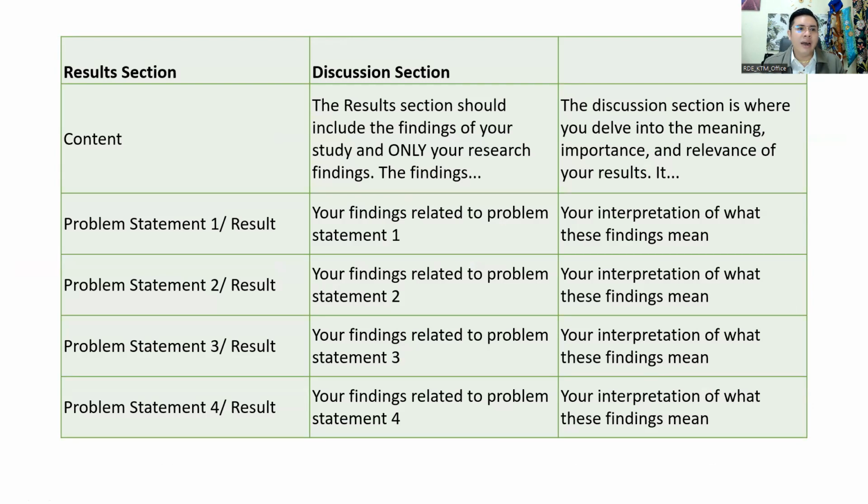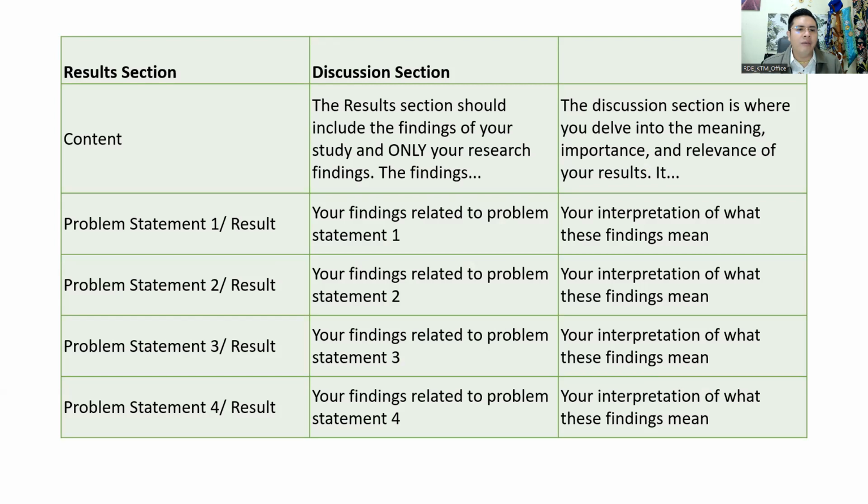And what are the things that can be seen in the results and discussion section? As to the results section, you can present the content. The results section should include the findings of your study and only your research findings, just the findings. While the discussion section is where you delve into the meaning, importance and relevance of your research results.